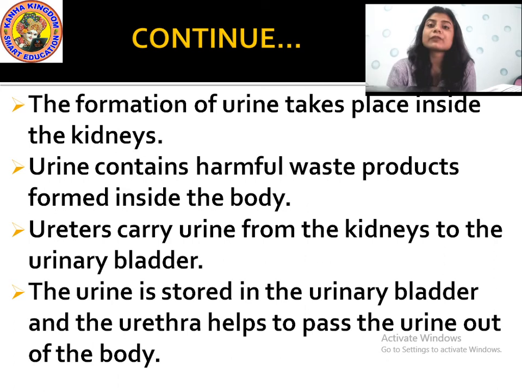Blood is a fluid present in our body, which acts as the medium to carry all the substances through our body, like nutrients, water, oxygen, carbon dioxide, then waste products.